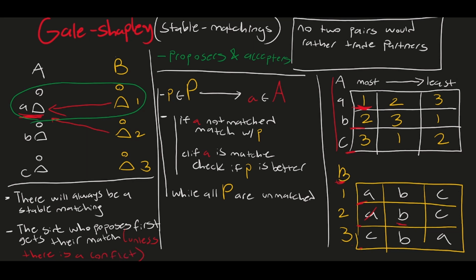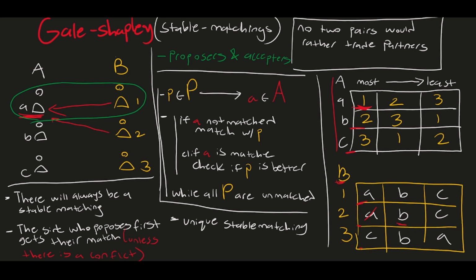There's some more terminology we haven't covered. Let's expand this a little bit. There's another one, a unique stable matching.